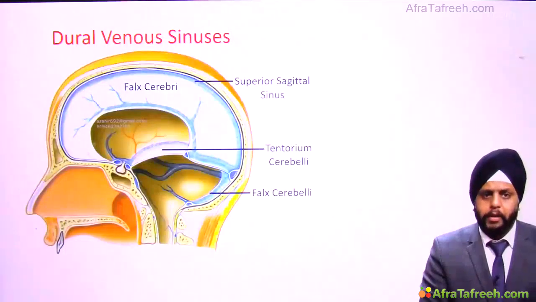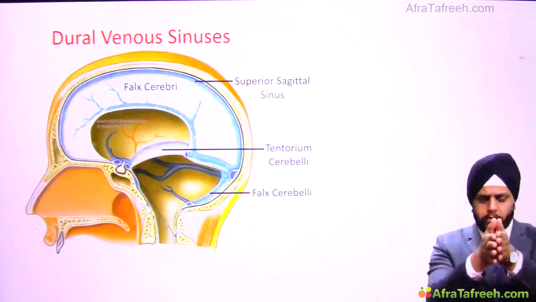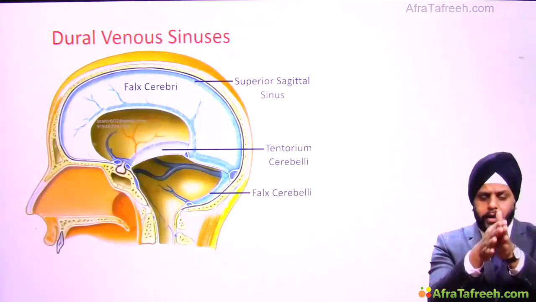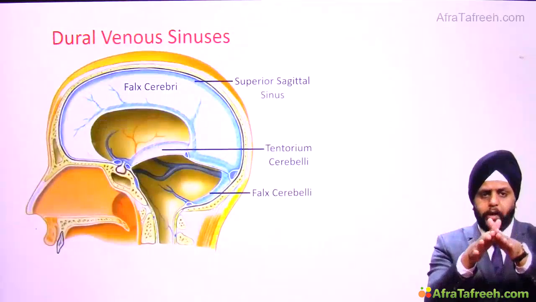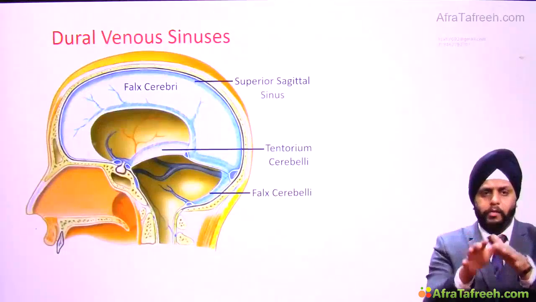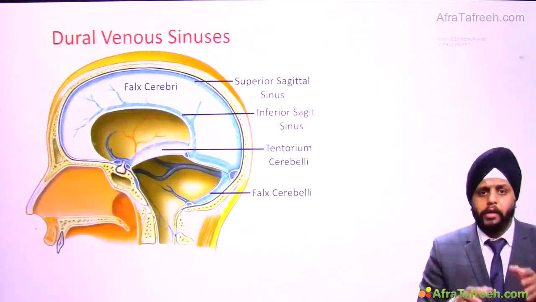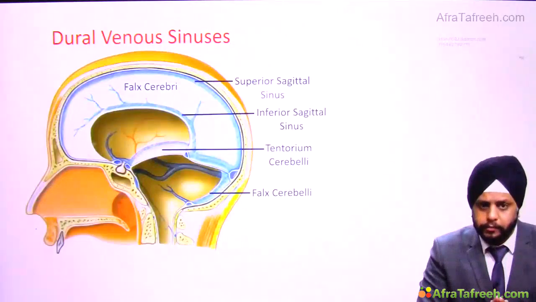Now, similarly, when this forms the falx cerebri, it separates at the level of the corpus callosum. When it separates, it forms another triangular space, known as the inferior sagittal sinus.